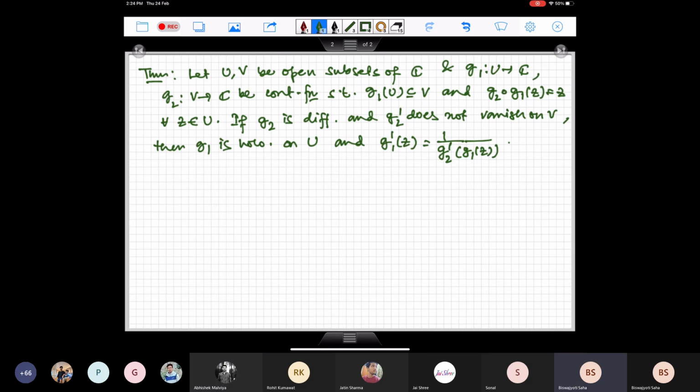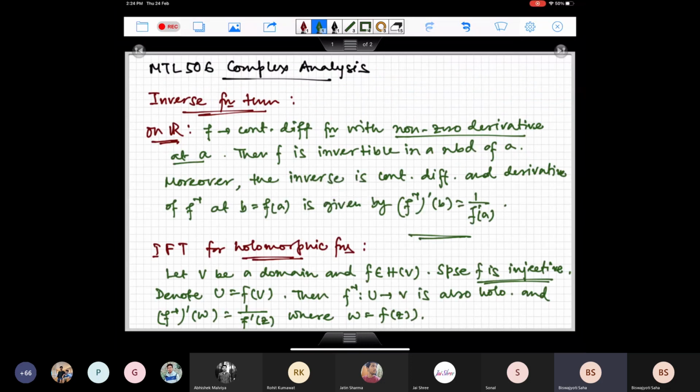If I want to really apply this particular statement, what I effectively need is that our function has non-vanishing derivative, because once that is there, every other thing is already there, so this f inverse will make sense. Of course, it's going to be continuous, so I can show continuity by using the open map.